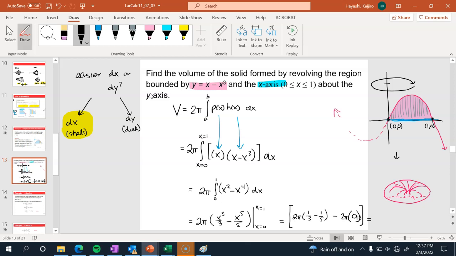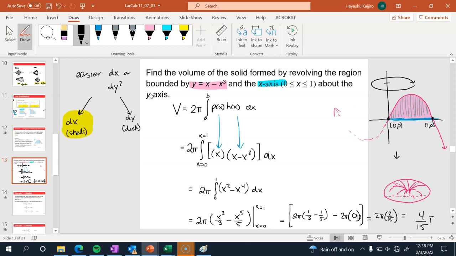If you want to subtract fractions, get them over the least common denominator. 1/3 is 5/15. 1/5 is 3/15. 5/15 minus 3/15 is 2/15. So 2 pi times 2/15, which is just 4/15 pi.